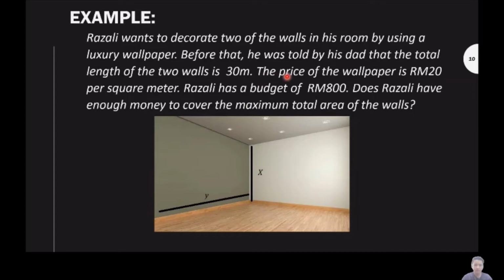Continue the question. The price of the wallpaper is 200 ringgit per square meter. Razali has a budget of RM 800. Does Razali have enough money to cover the maximum total area of the walls?